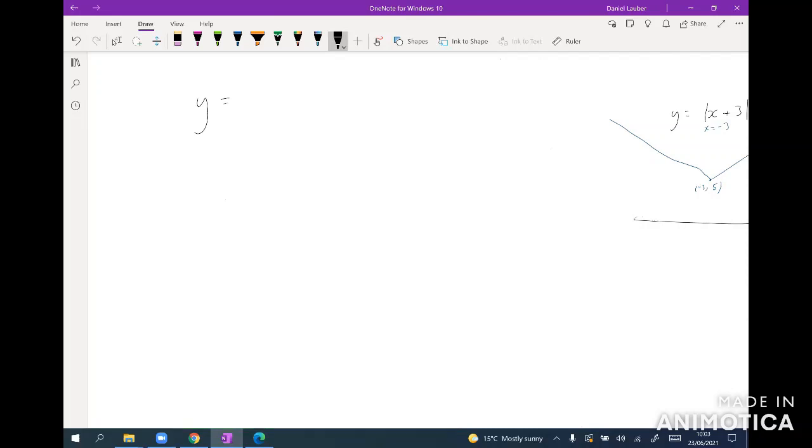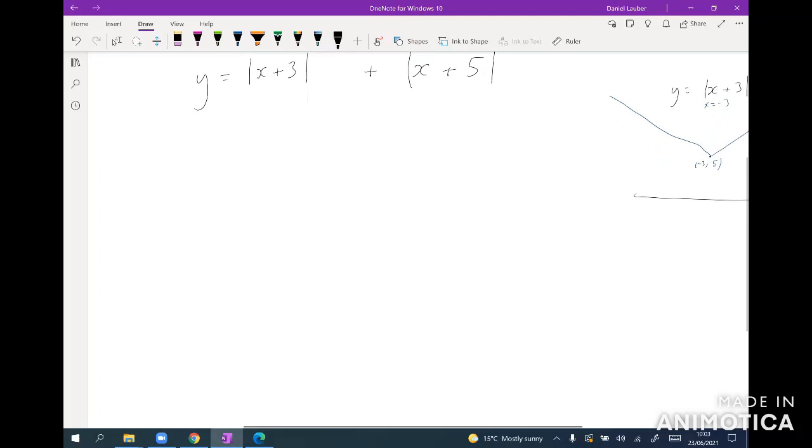If you have something like this, let's do a few types of these, where you've got both types of modulus. You've got two moduluses. So this is going to be slightly harder to sketch. So you want to do the same sort of method though. You just want to say, okay, the important points are x equals minus 3 and x equals minus 5.